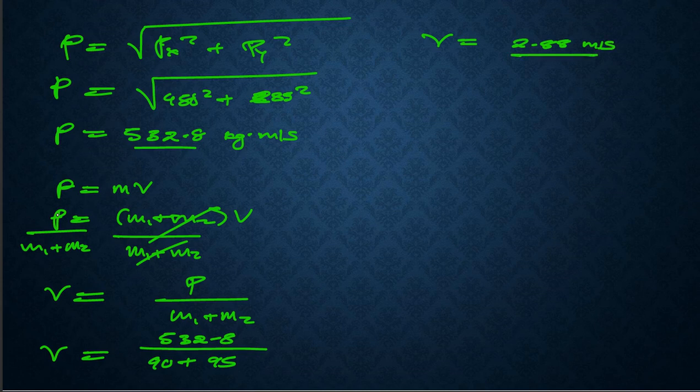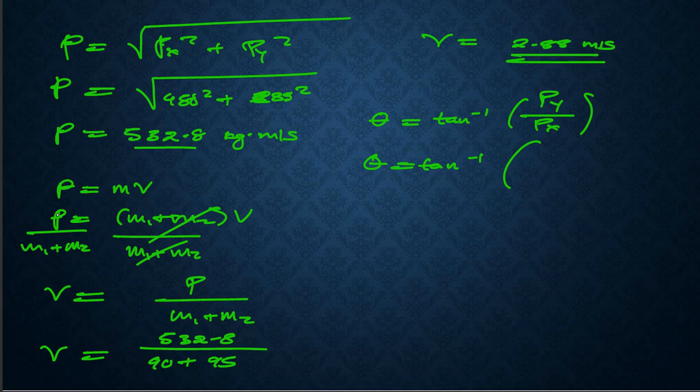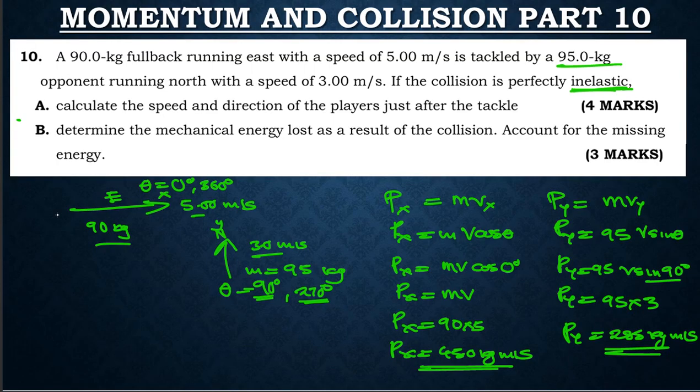How can we find the direction? To find the direction, we are going to say the direction is equal to the inverse tangent of the y component of the momentum over the x component. So the y component was giving us 285, then the x component 450.